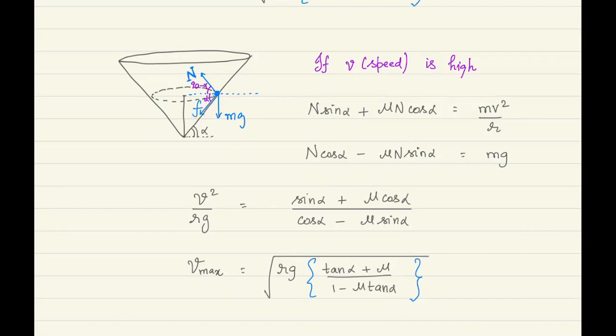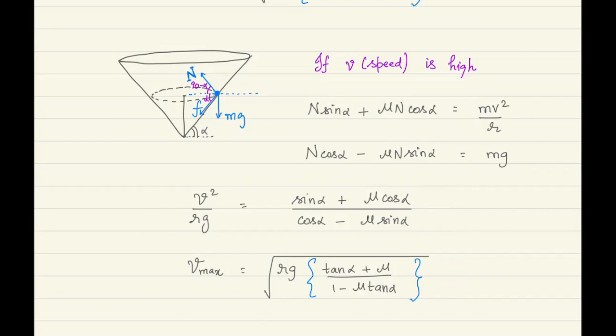The net radial force is n sin alpha plus mu n cos alpha, which equals mv square by r. Similarly, in the vertical direction, n cos alpha minus mu n sin alpha equals mg. You divide the two equations and get this relation, and v max equals root of Rg into tan alpha plus mu by 1 minus mu tan alpha. So this is the maximum speed for a given radius along the inner side of the funnel.